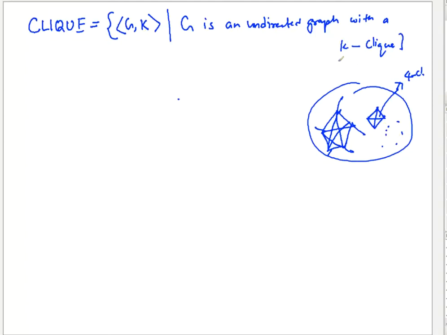Now if you have to check whether this problem is in NP or not, what do you have to do? You have to find whether it is polynomial time verifiable or not. What will be a verifier in this case?